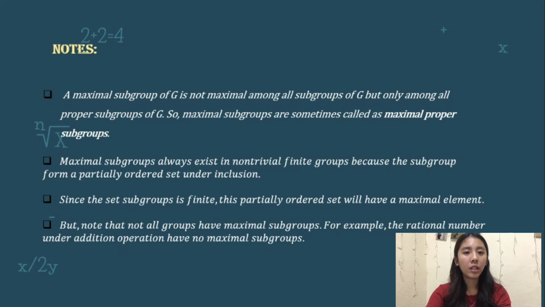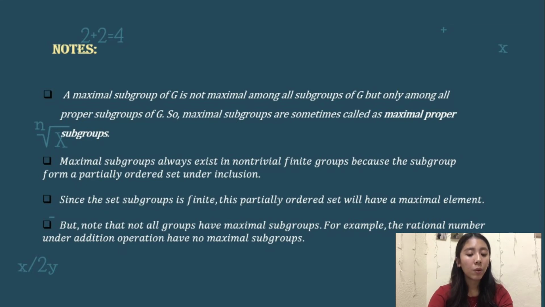So the meaning of this definition is: a maximal subgroup of a group capital G, first and foremost, must be a proper subgroup of the group G, which we denote by capital M here.